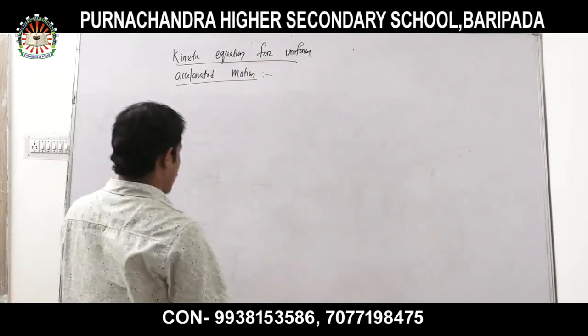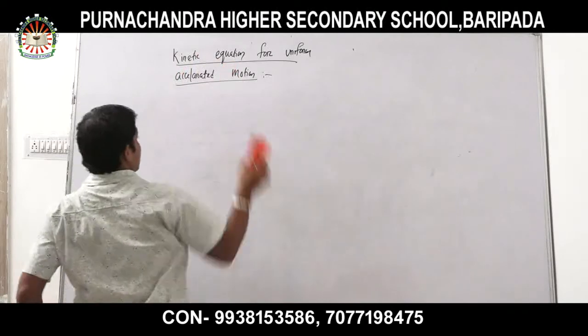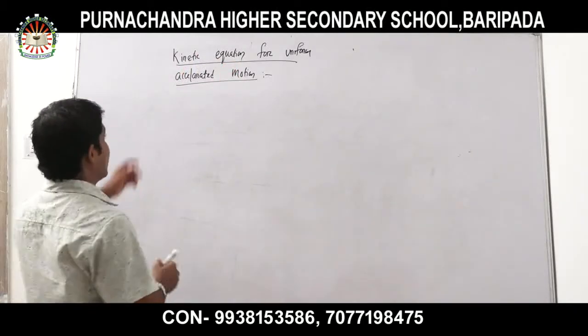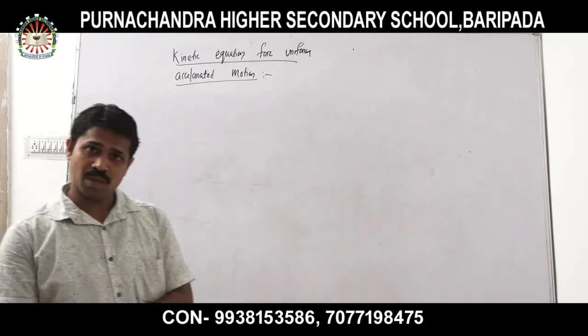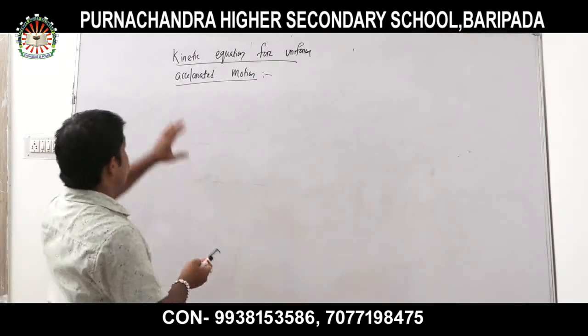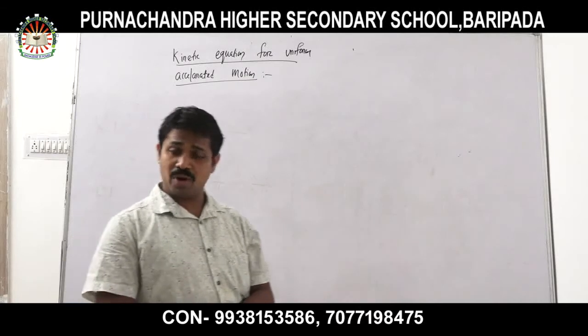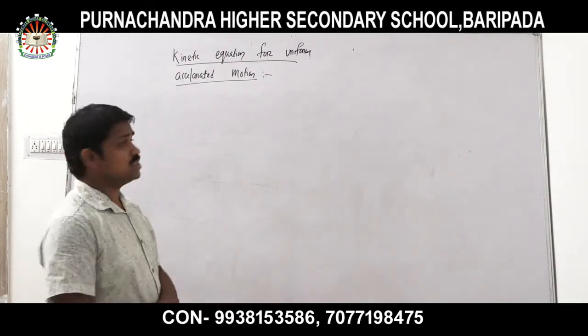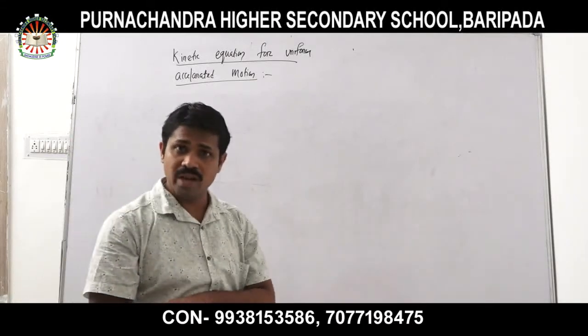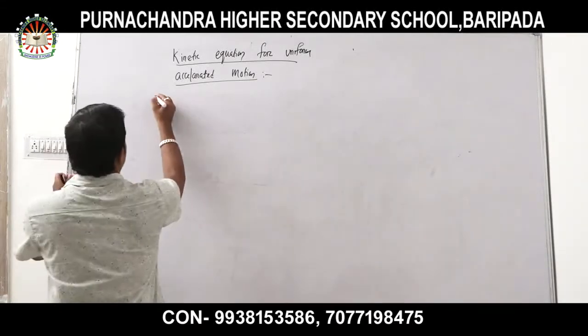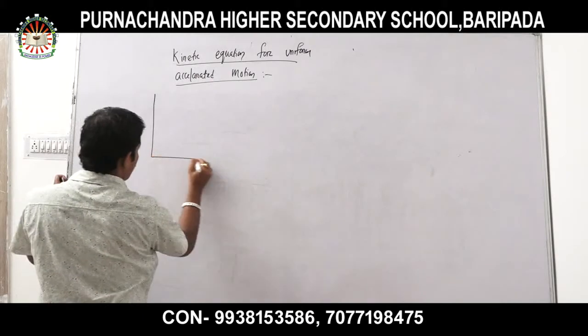So we have to find out the kinetic equation for uniformly accelerated motion. Clear? And which type of graph we use is very important. The graph I will take is velocity versus time. Look at how we have done it.